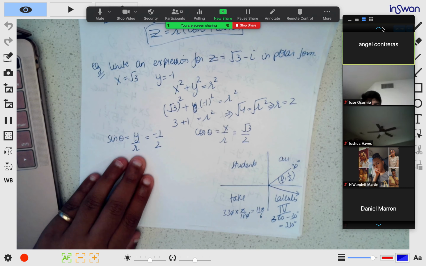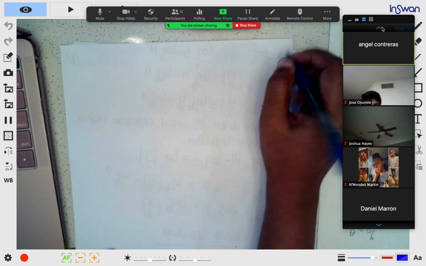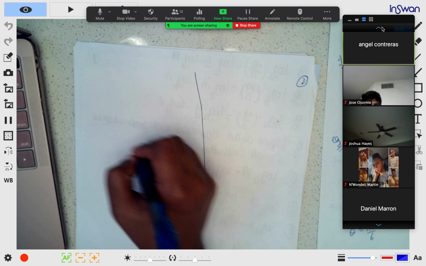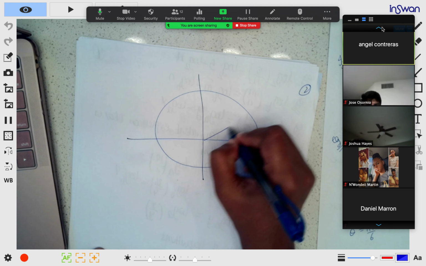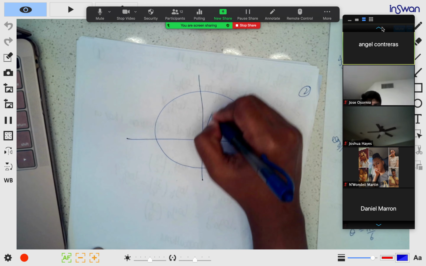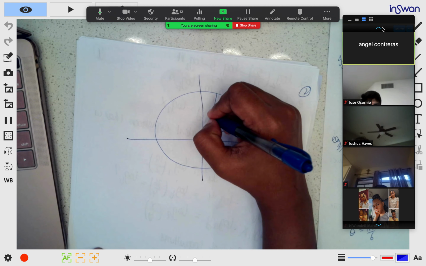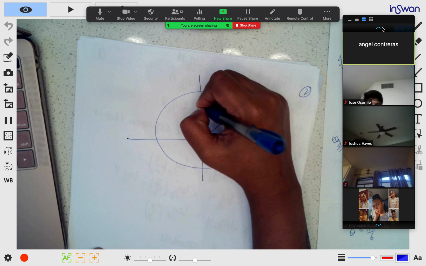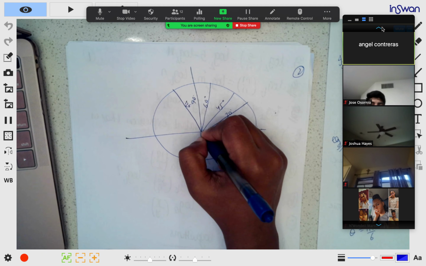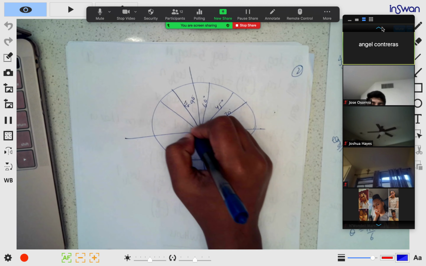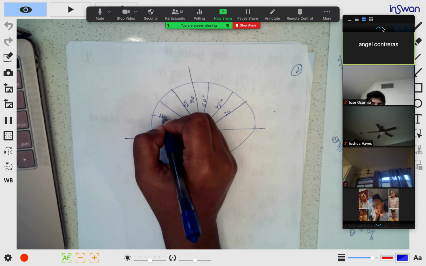Okay, let's see. So, Evan, let's draw the unit circle. I want to draw the unit circle so that you guys can see. This is what my unit circle was. This is my 30 degrees, 45 degrees, this is 60 degrees, this is 90 degrees, this is 120 degrees, and this is 150.